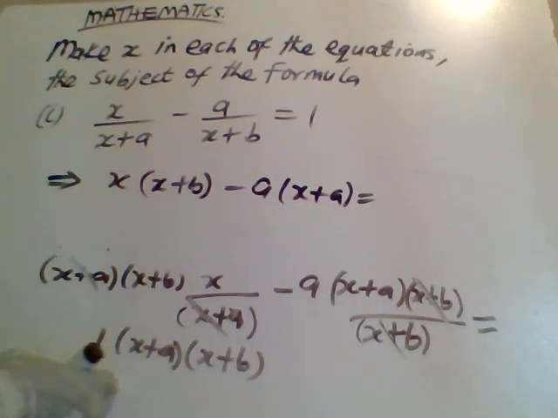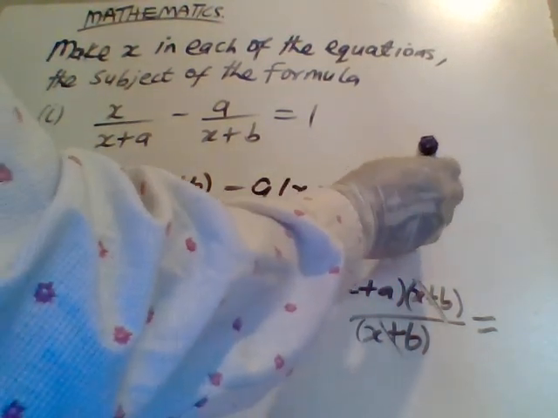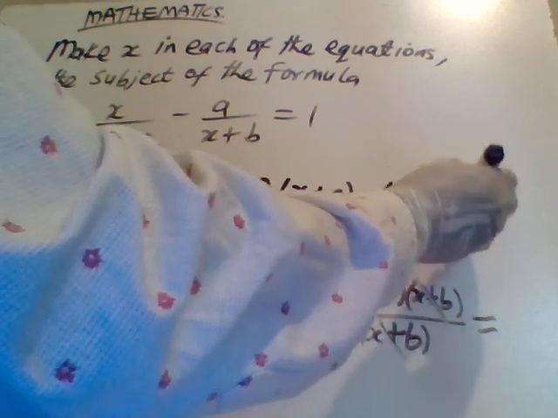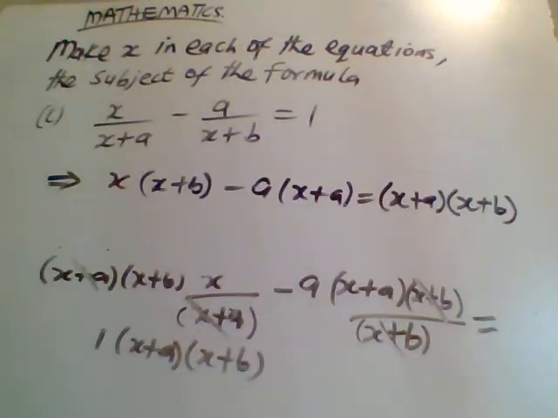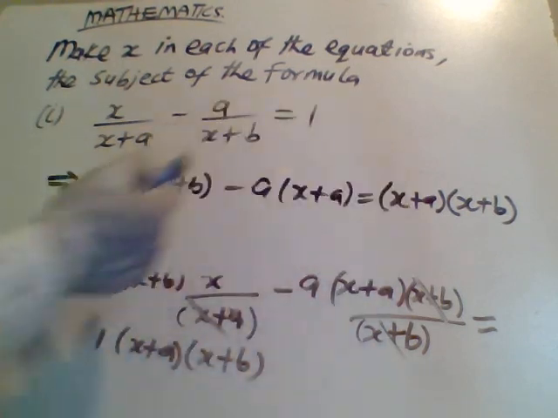Any number multiplied by 1 is still the number or variable, so we have s plus a, s plus b. The next thing is to expand the brackets and collect like terms.